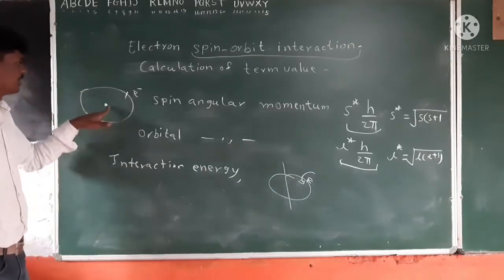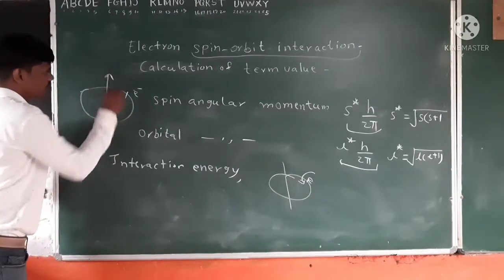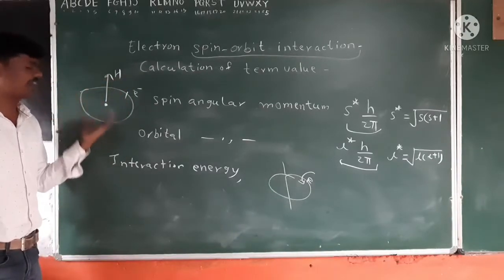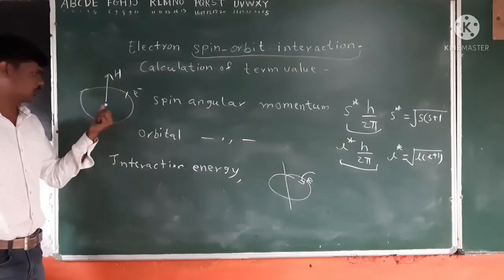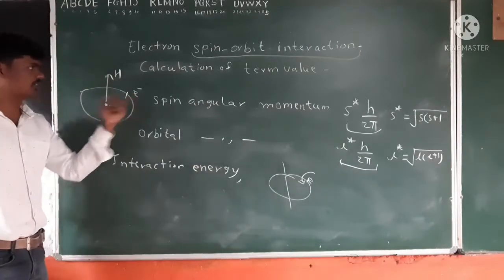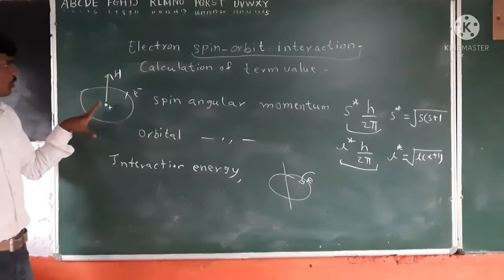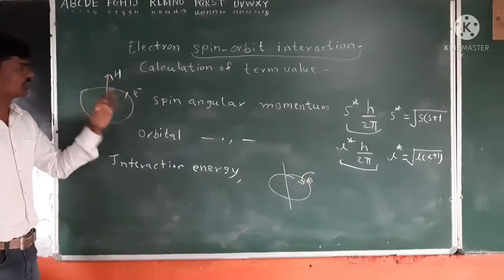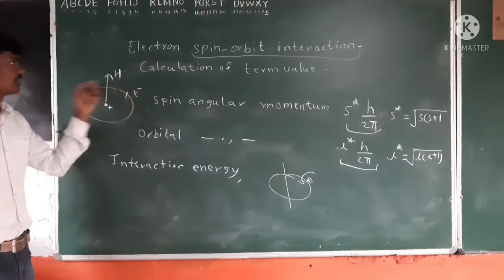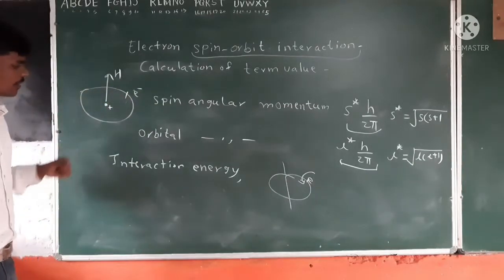This energy changes due to the precession of the electron spin along this H. It is a resultant magnetic field due to the electric field of the nucleus or the whole atom. The nucleus is positively charged and the electron negatively charged, so their interaction causes this magnetic field. The precession of this electron spin around this magnetic field is the interaction energy. So we have to calculate this energy.